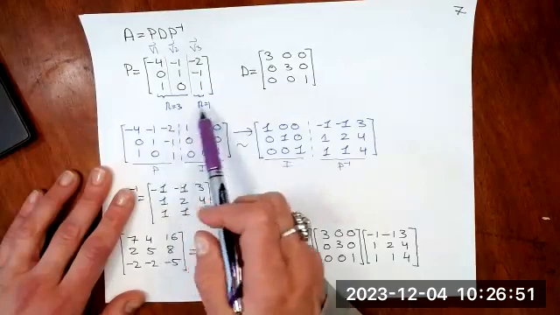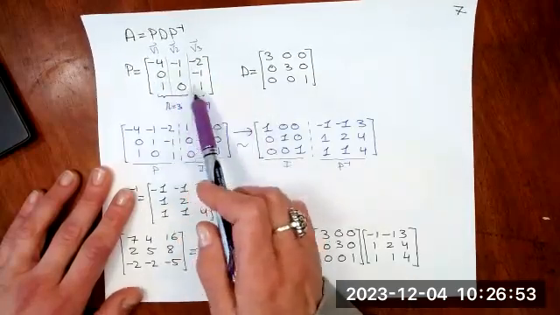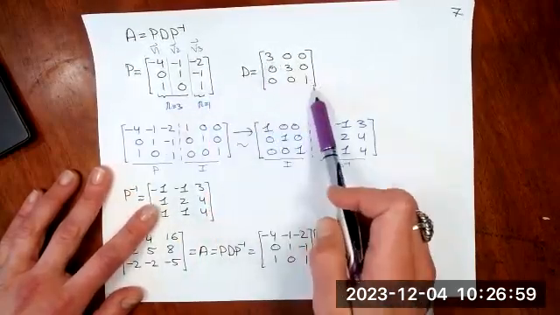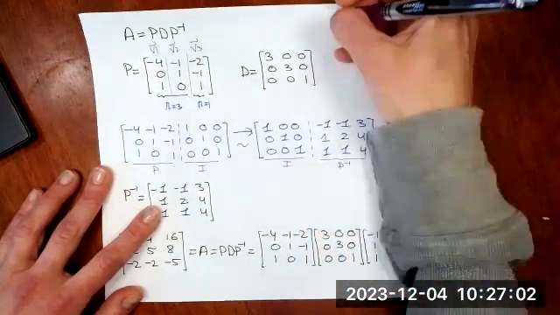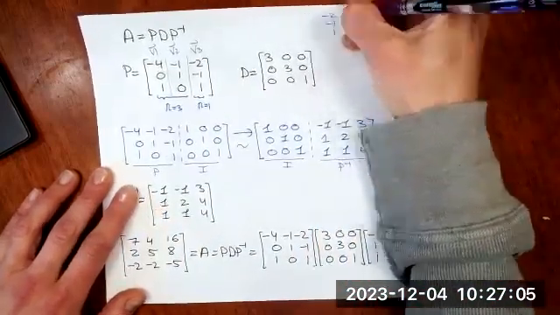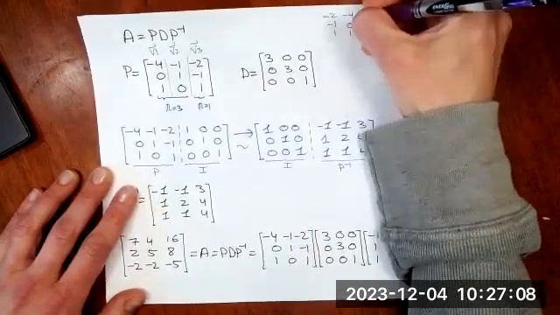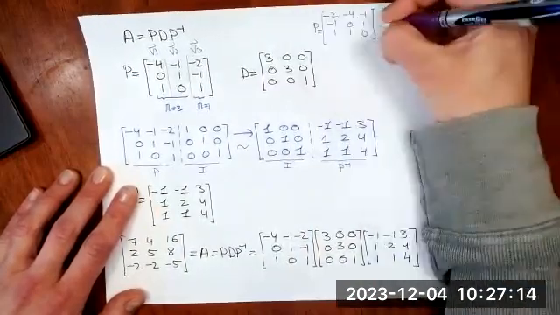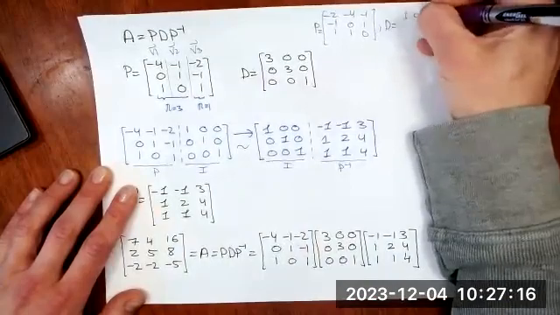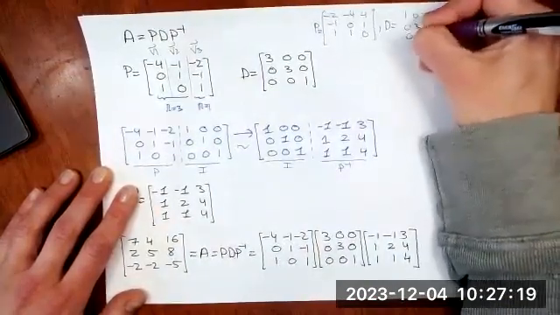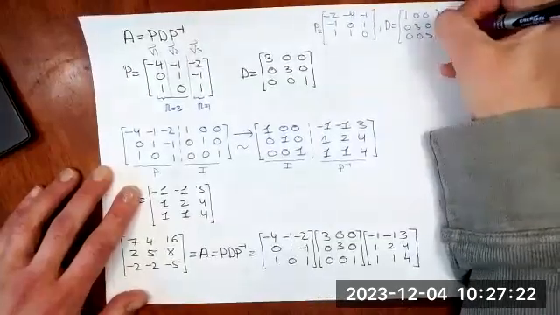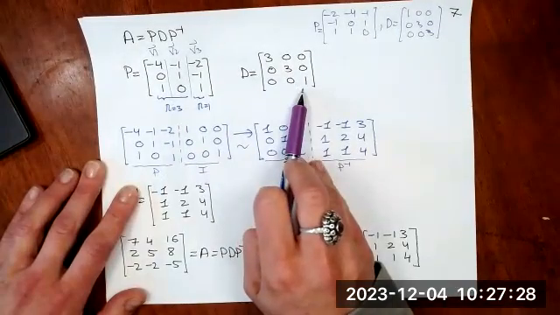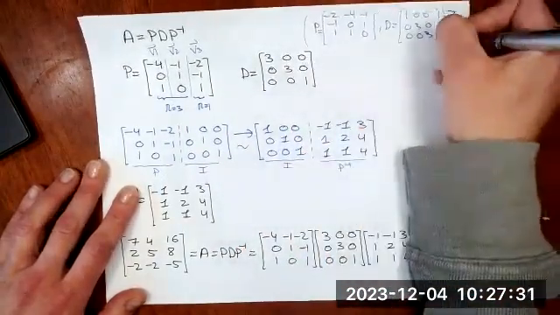What matters is the order in which you put those eigenvectors in P, because this is going to be the order of the eigenvalues on the diagonal. So if you put -2, -1, 1 first, and then -4, 0, 1, and -1, 1, 0, if that was your P, then your corresponding D is going to be 1, 0, 0, 0, 3, 0, 0, 0, 3. So the placement of eigenvectors gives you the placement of eigenvalues on the diagonal. That makes sense?